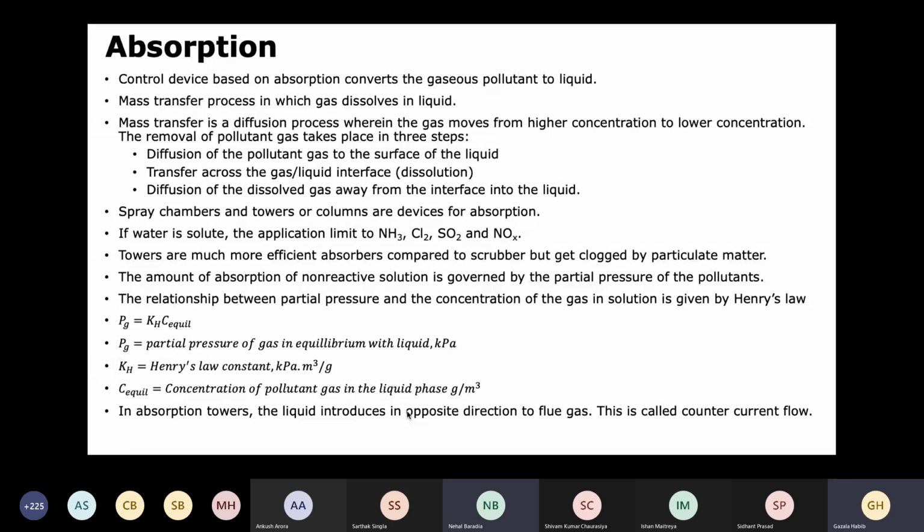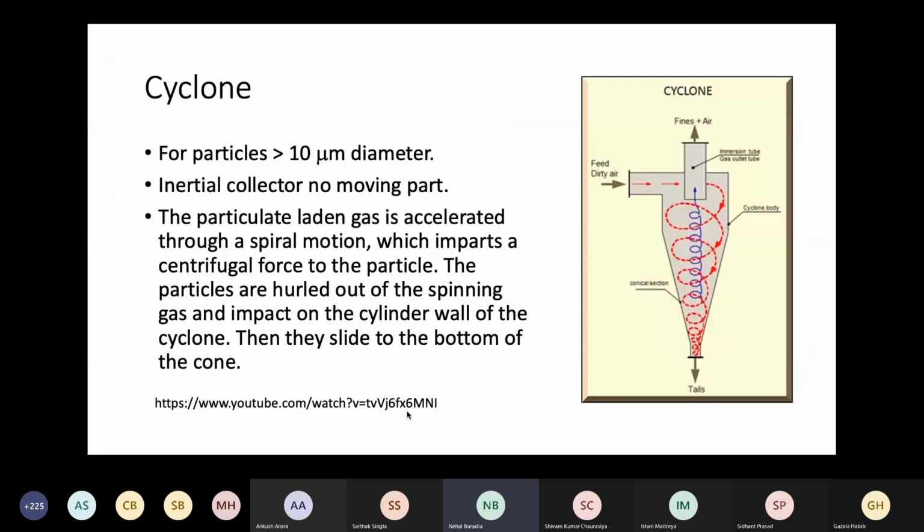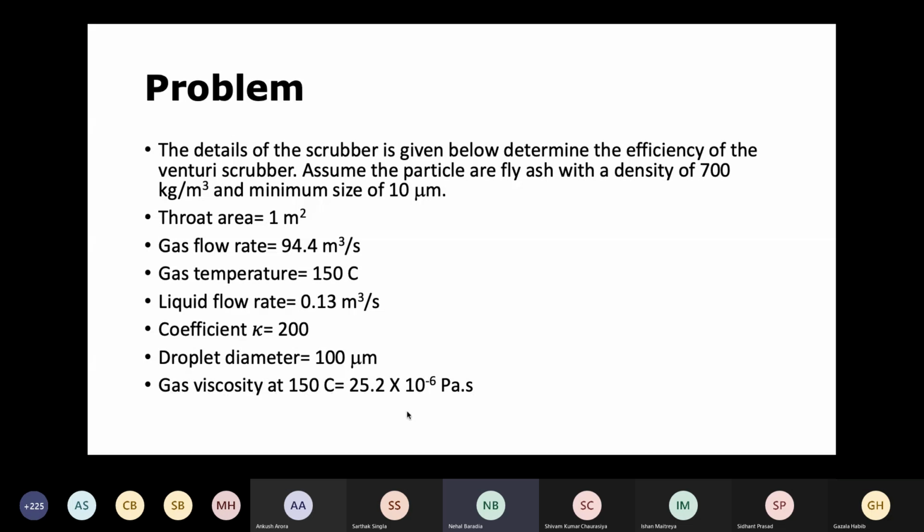Ma'am, in the previous problem, it is given that the density of the particle is 800 kg per meter cube. So, is this the density of the contaminated air, or is it something else? See, as I told you, all these control devices we are learning are for industry. Say there is an industry where metal cutting is going on, and the density of that metal is 800 or 1000 or 1400 kg per meter cube.